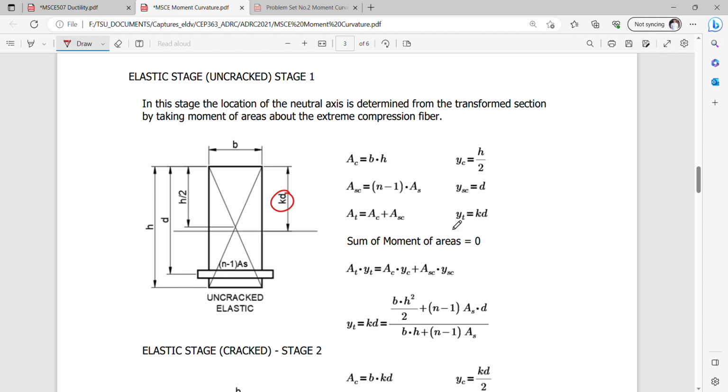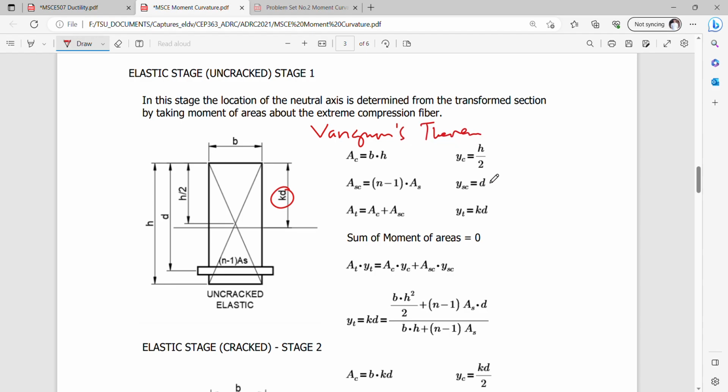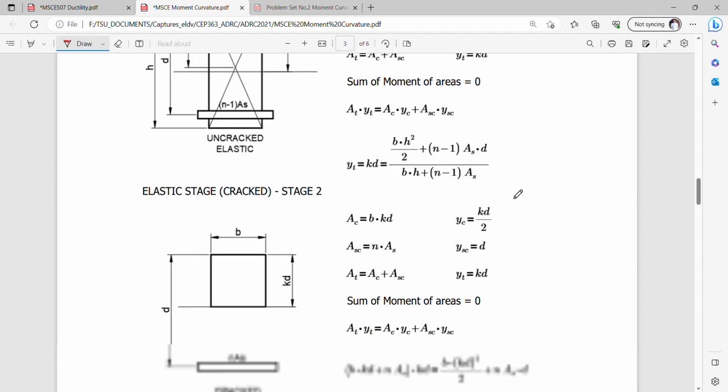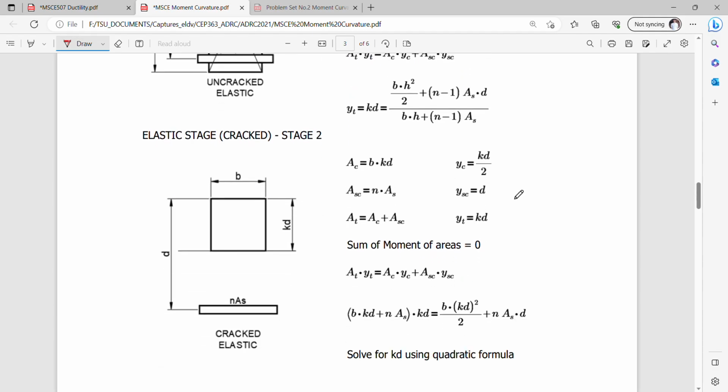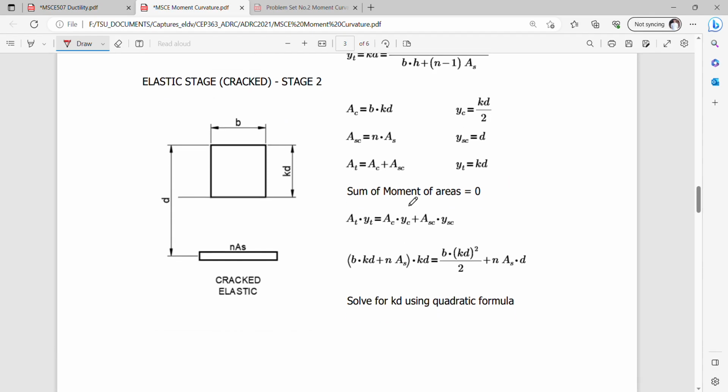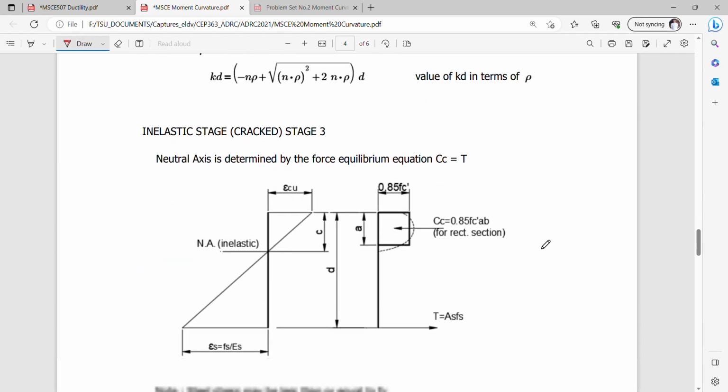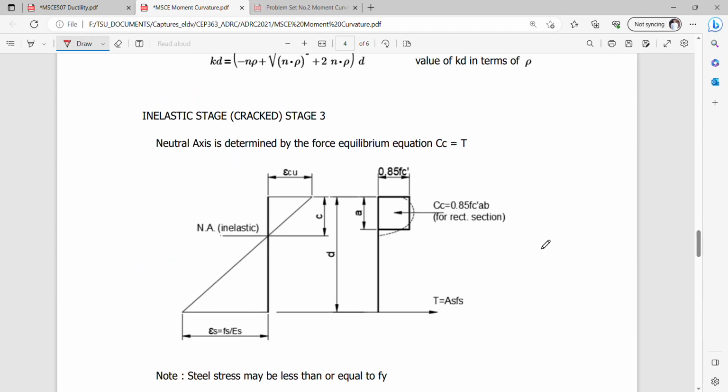Okay, so YT here is your KD, which is simply an exercise using Varignon's theorem. Okay, so for the elastic cracked stage 2, still this is a summation of moment of areas, Varignon's, and for the inelastic stage 3, no longer an exercise of moment of areas, but rather an exercise of the equilibrium condition.